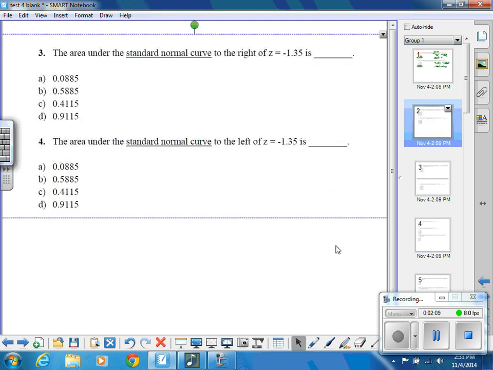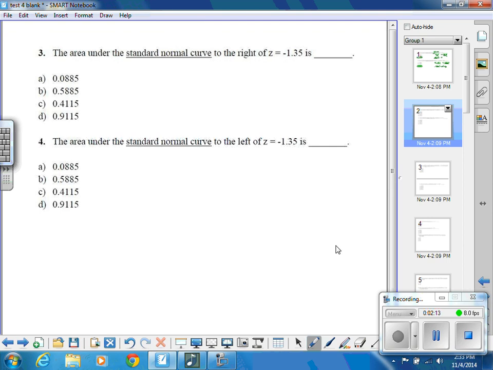Please make sure you can do that before we move on, because the next questions are the exact same way. Now notice number 3 says to the right. Anytime they say to the right, or more, or anything like that, and we'll see some other examples with wording, to the right you have to do 1 minus whatever this is. So I look this up in the table, and I get 0.0885.